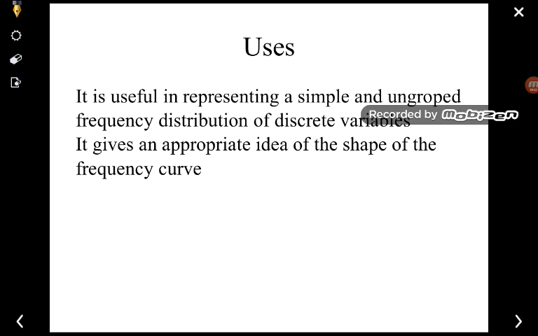Next, what are the uses of the frequency polygon for grouped data? It is useful in representing a simple and ungrouped frequency distribution of discrete values. For values which are discrete, we can easily represent the data in a simple way.